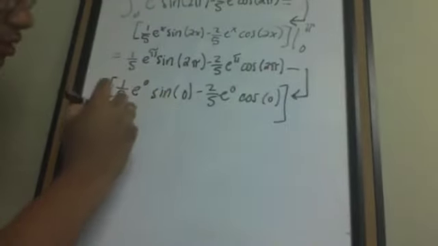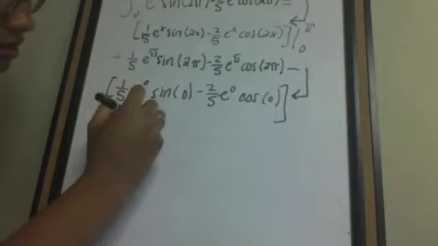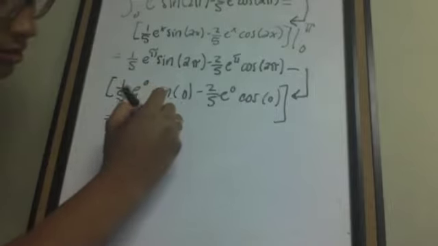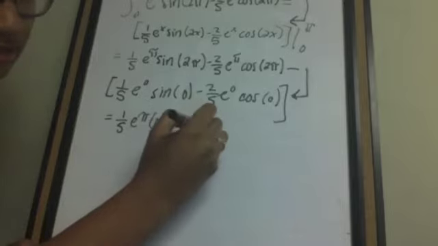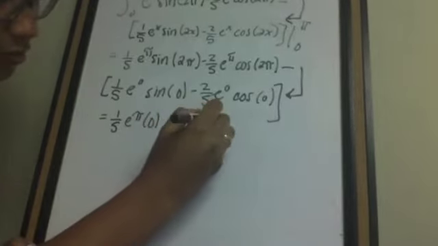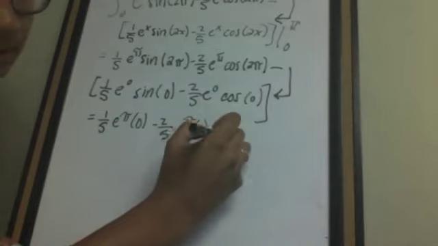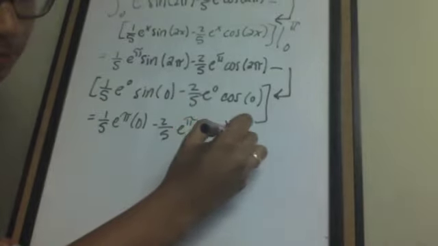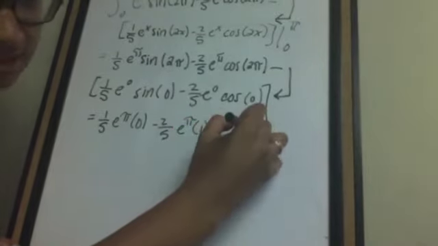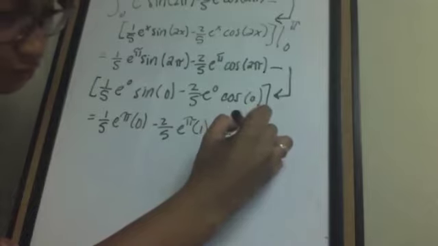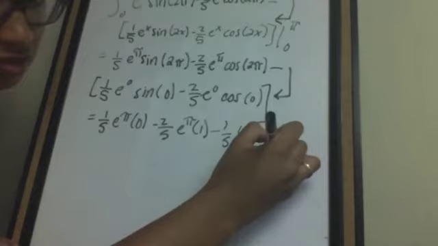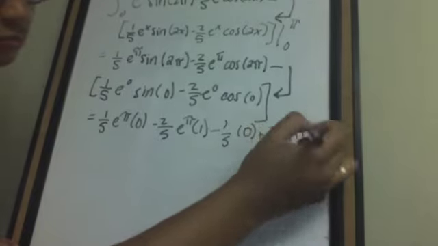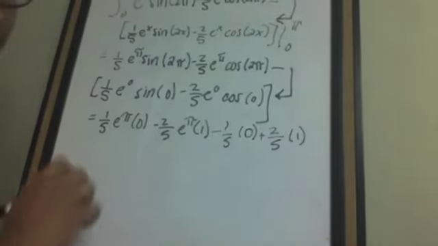And that would be equals 1/5 e to the pi times 0 minus 2/5 e to the pi times 1, minus 1/5 times 0 plus 2/5 times 1, just plugging everything in and solving for it.